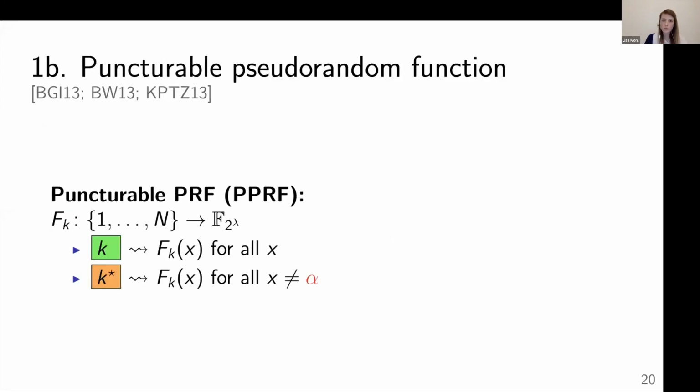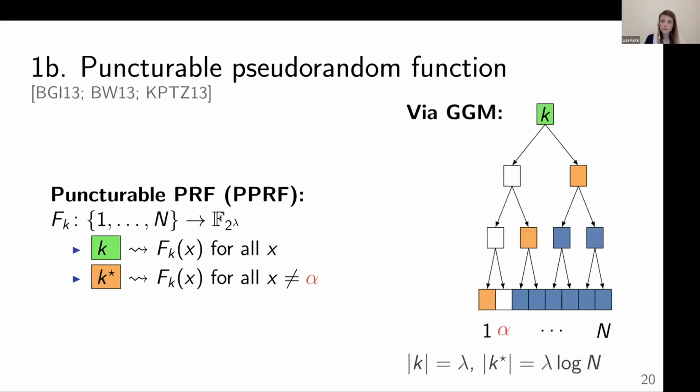Puncturable pseudorandom functions are a special case of constrained pseudorandom functions that we've seen this week, for example, in Ritten's talk on Monday. Puncturable pseudorandom functions allow you to puncture a key. If you have the punctured key, you can learn the pseudorandom function on all points except for the point where it's punctured. You can get constructions just based on the GGM PRF construction.